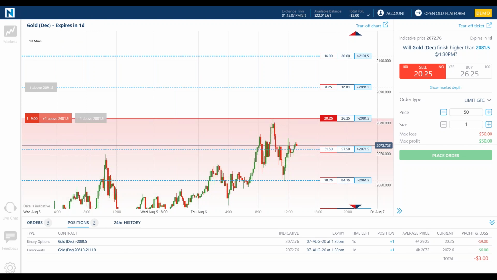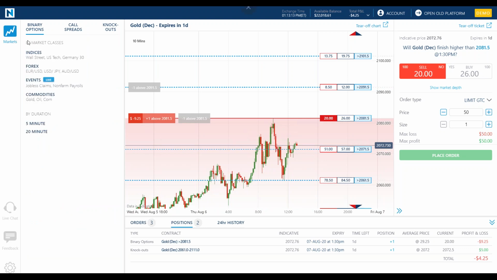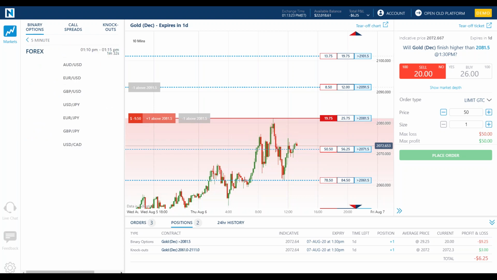Now, it's not moving around a whole lot right now. Let's show you an example of binary options if you want price action and the excitement of what's going on in those markets. I'm going to go to a 5-minute binary option. These are in our foreign exchange pairs, and I'm going to pick the Euro US dollar.